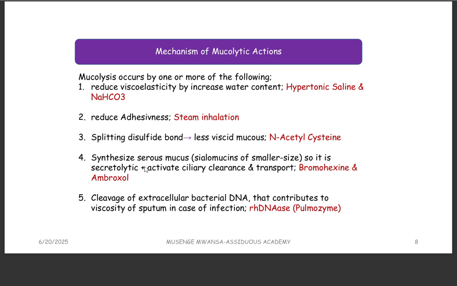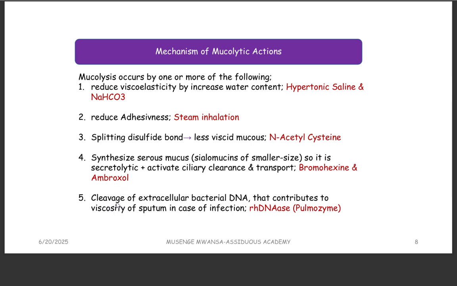And then some of them work by synthesizing serous mucus. Serous has got more of the water, okay, than mucoid only. So it is a secretolytic plus it activates ciliary clearance and transport. Examples that work by making this serous mucus and then activating the cilia and transport are bromhexine and ambroxol.